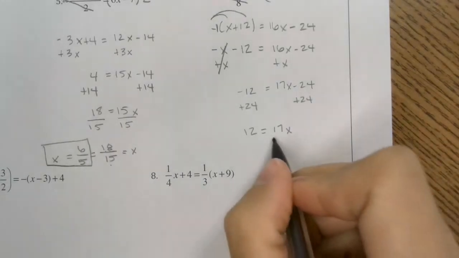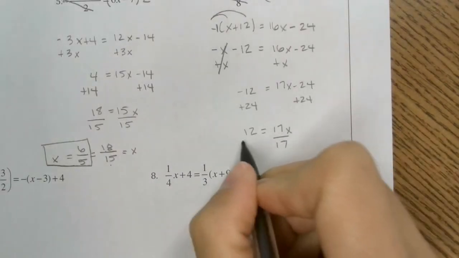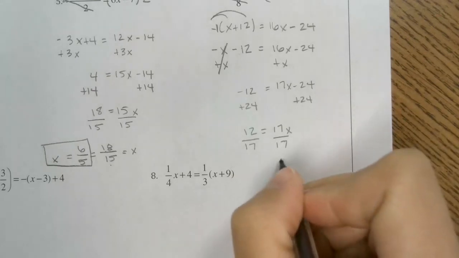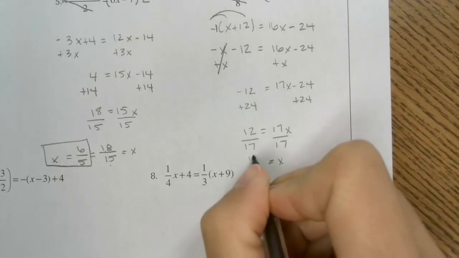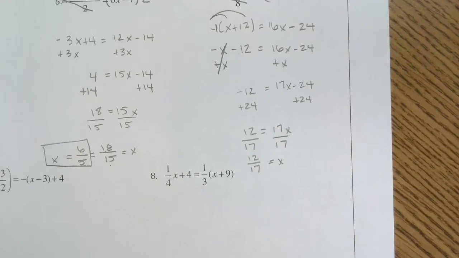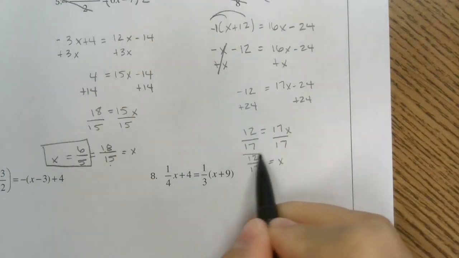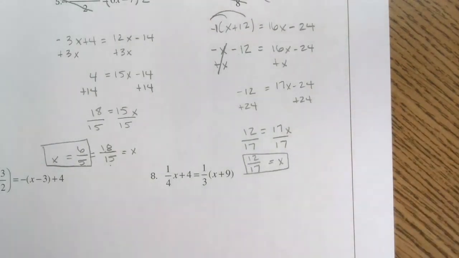And then I can go ahead and divide by 17. 12/17 does not reduce, so x equals 12/17 is our final answer on that one.